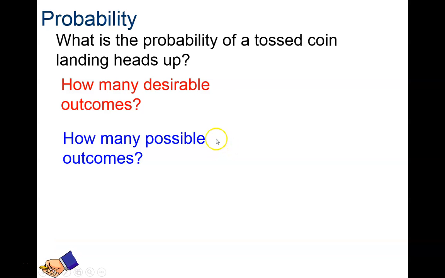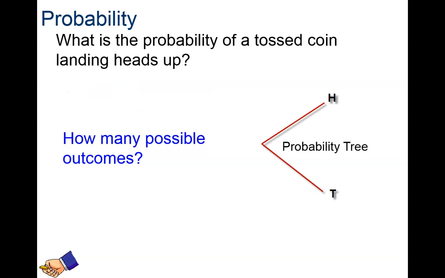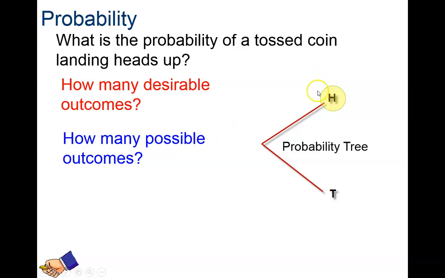So what is the probability of a tossed coin landing heads up? Well, how many desirable outcomes are possible? That's 1. We want it to land heads up. How many total possible outcomes are possible? That's 2.